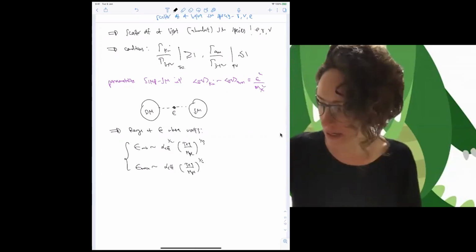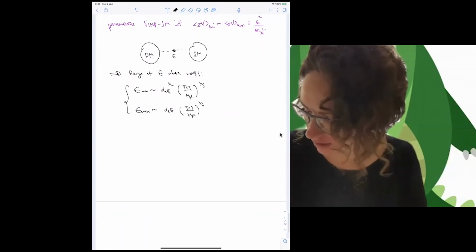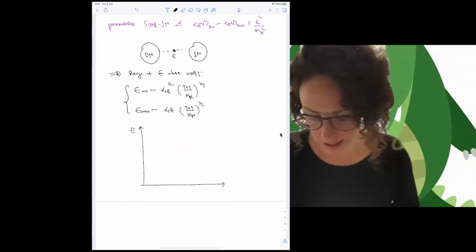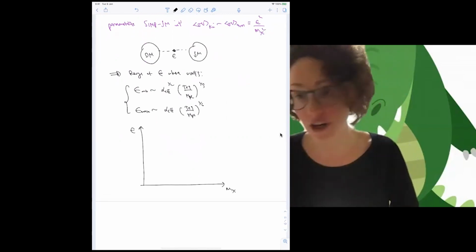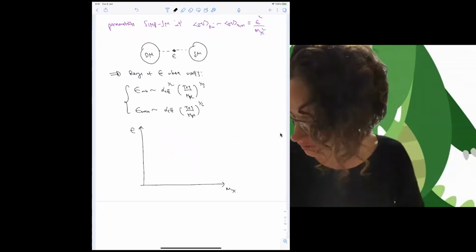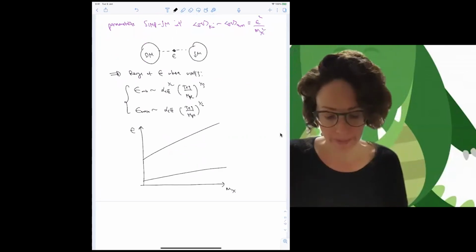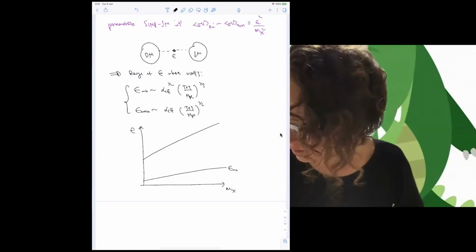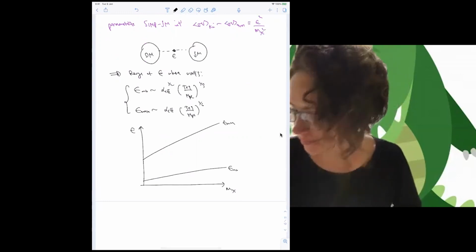Okay, and so just to put this in a visual, here is some plane now of epsilon compared to the mass of dark matter. And here are my two curves, epsilon min and epsilon max, okay? So what happens is that here's epsilon min and here's epsilon max, okay?